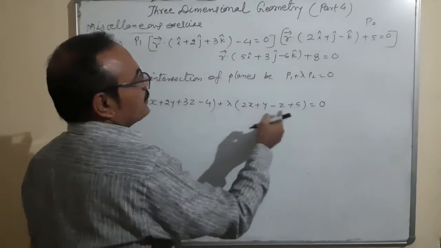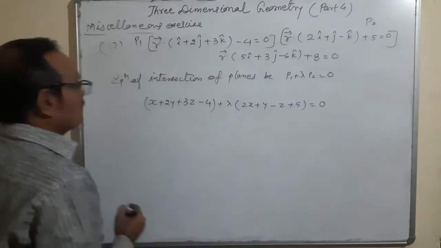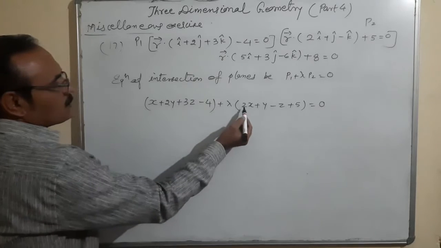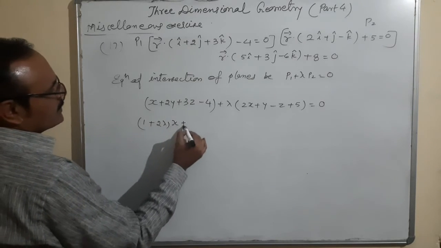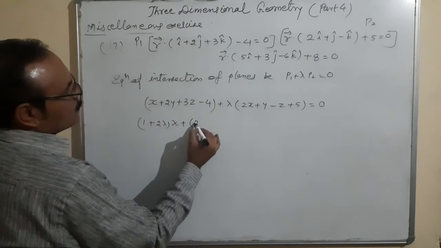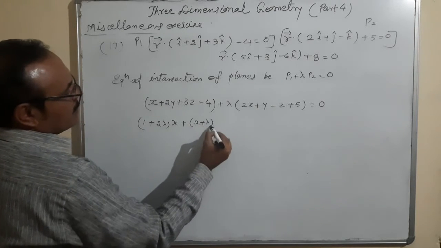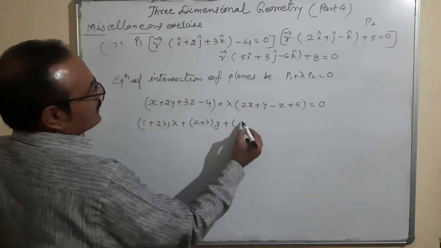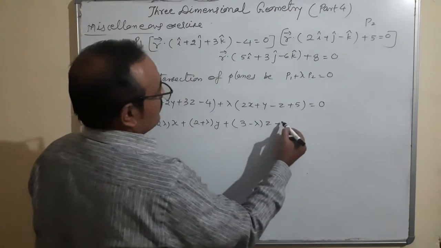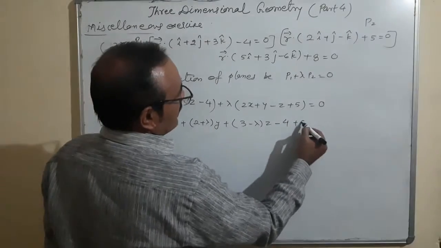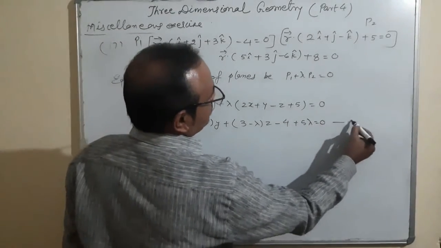So what does it mean? We'll take x common. That means (1 plus 2 lambda)x plus taking y common (2 plus lambda)y, and (3 minus lambda)z minus 4 plus 5 lambda is equal to 0.